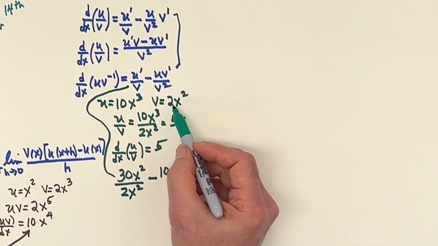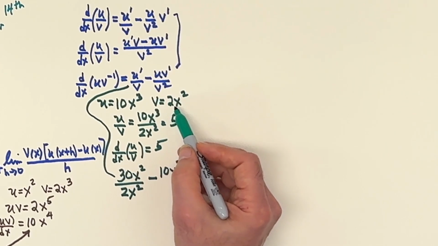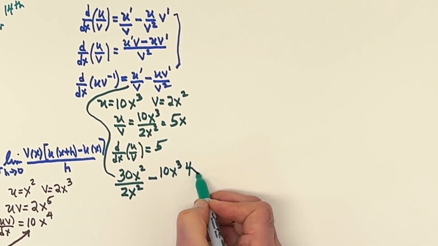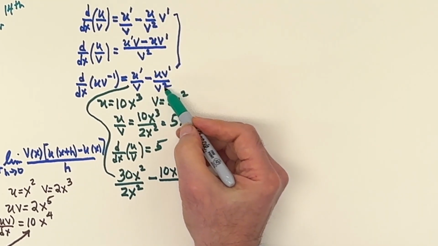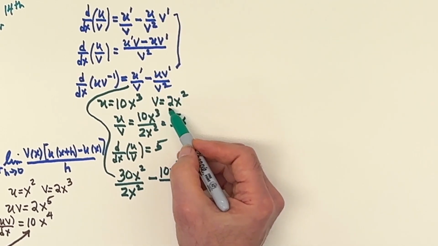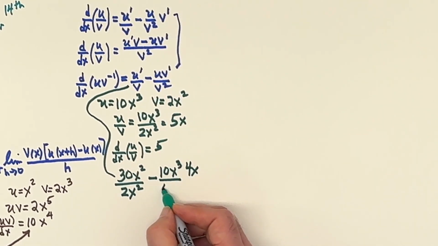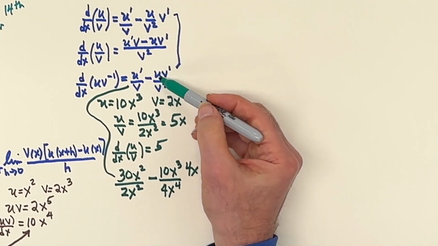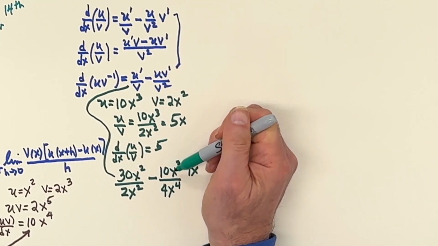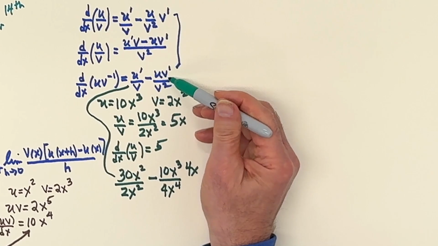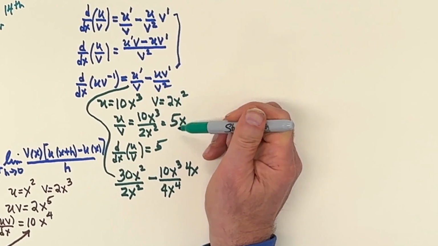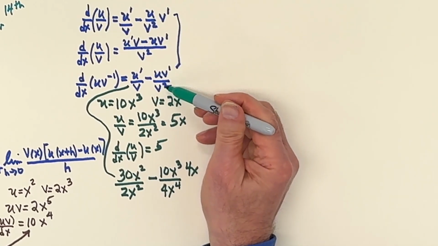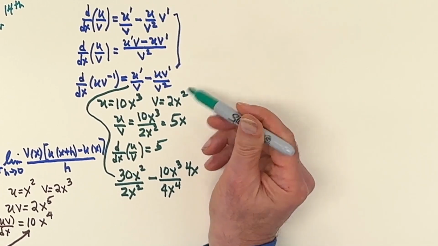Well, v prime would be 4x. And I would divide by v squared, which would be 4x to the fourth power. All right, so u, 10x cubed, v prime, take the derivative, you get 4x, and then v squared, 4x to the fourth.